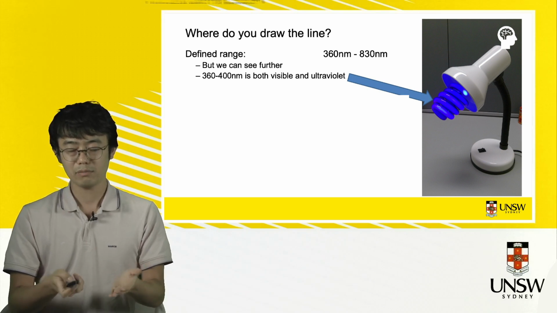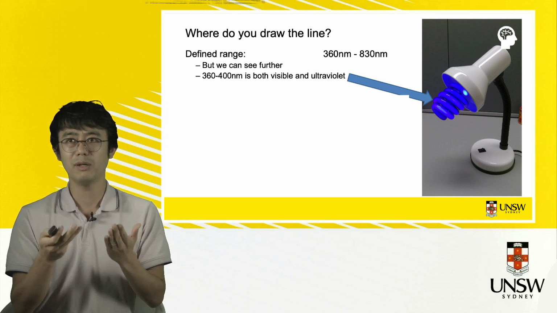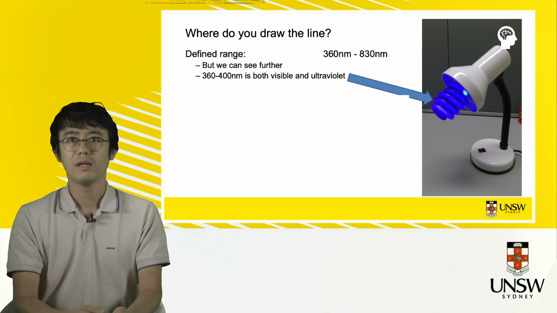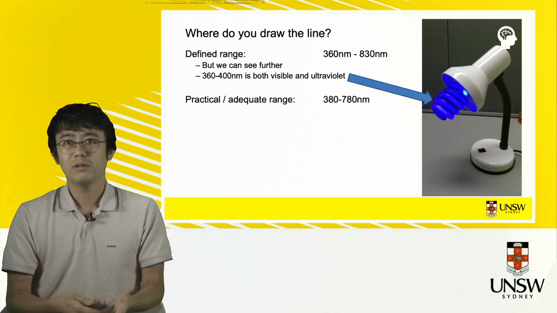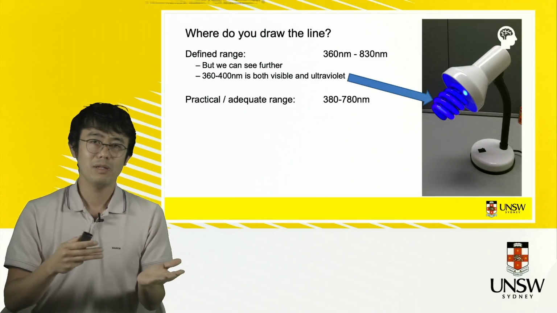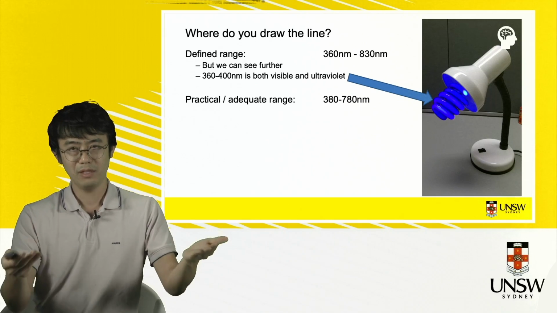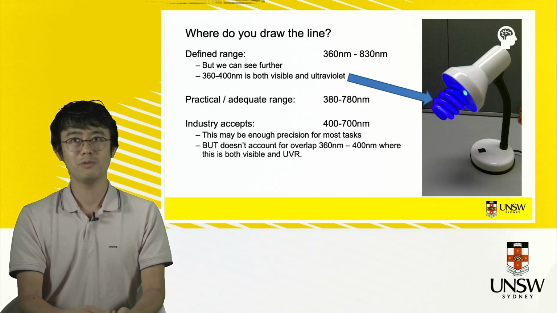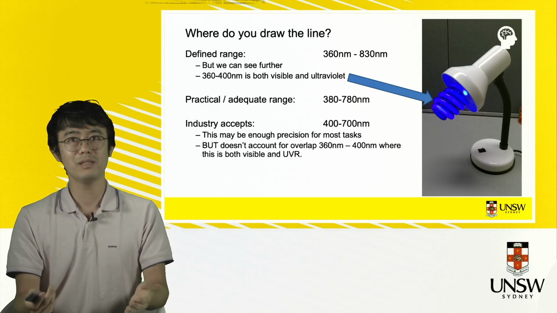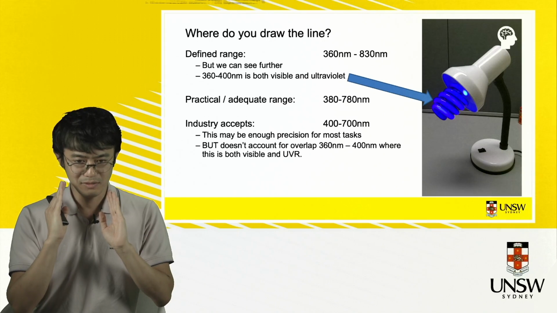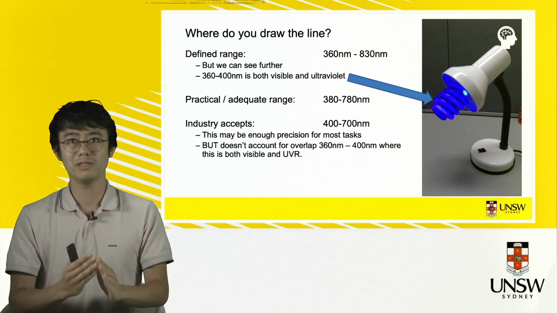But you can see it, your eyes can still see UV radiation. The strictly defined range is 360 to 830, but in practical terms, typically they say 380 to 780. By industry convention it's 400 to 700 nanometers, but as I just discussed, you can still see 360 nanometers.